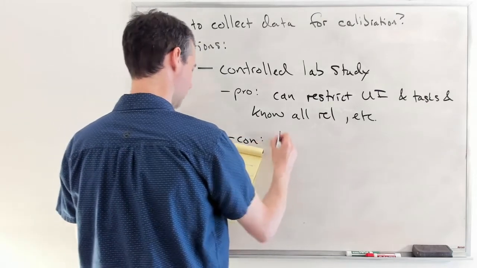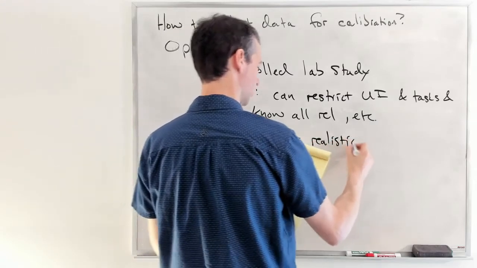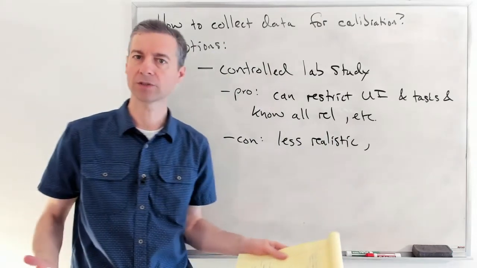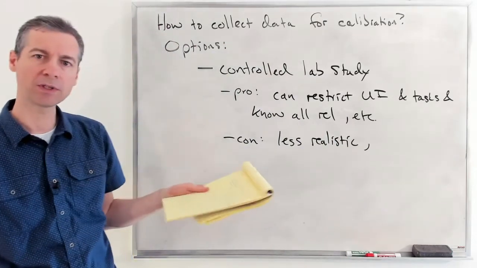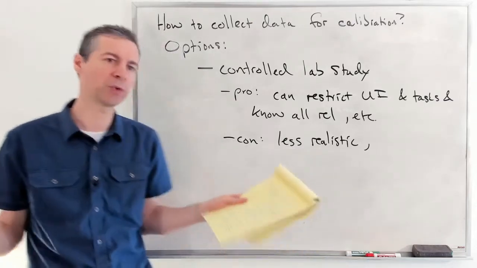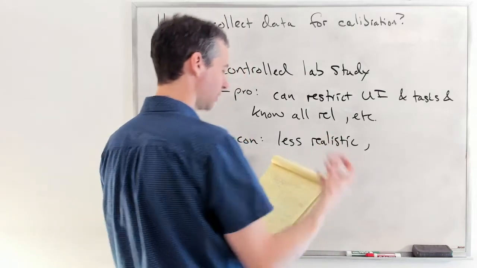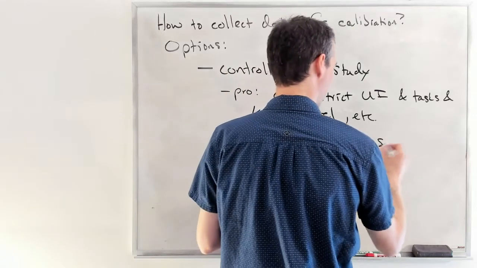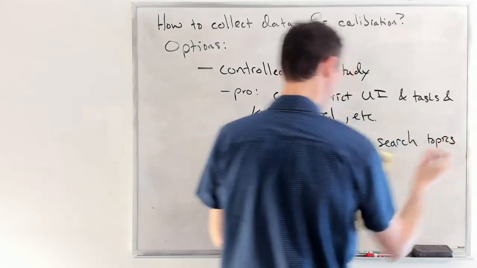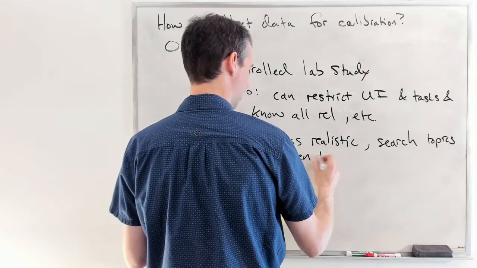Well, the problem is it is less realistic. Absolutely. People aren't under their normal time pressures. People aren't behaving normally, like switching between the search engine. You know, there's a whole bunch of other stuff, a lot of loss of realism here. One of the other issues is the search topics are given to people. These are not their search topics.